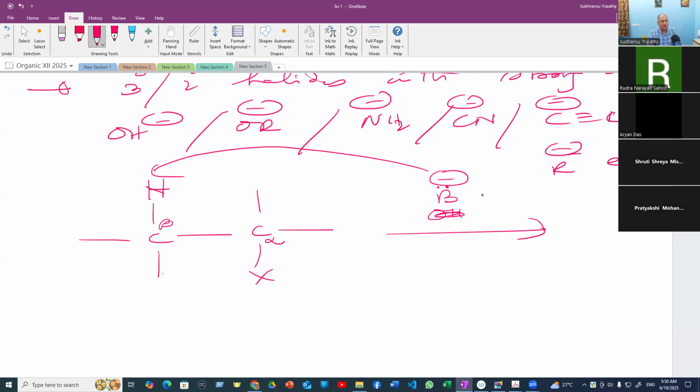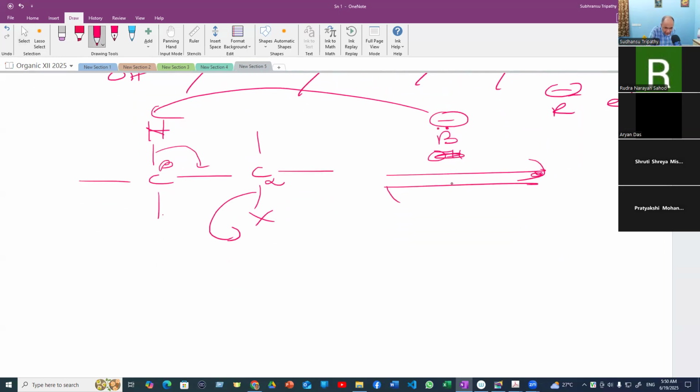There are so many reactions of the carbenes that we will come across during our journey. But here, the strong base will abstract a beta proton, and this pi bond will form. I'm showing a reversible sign, and there will be a transition state, not an intermediate.